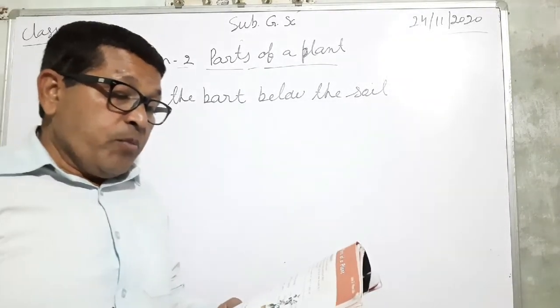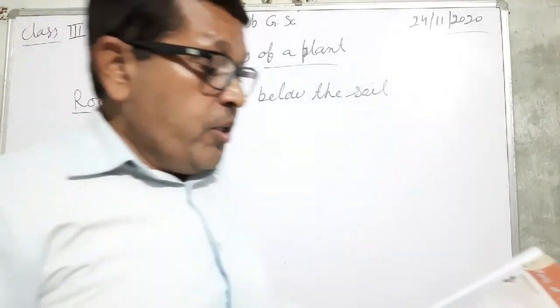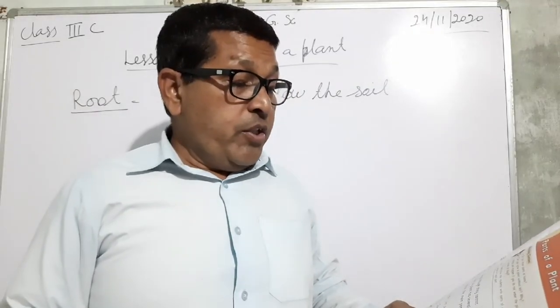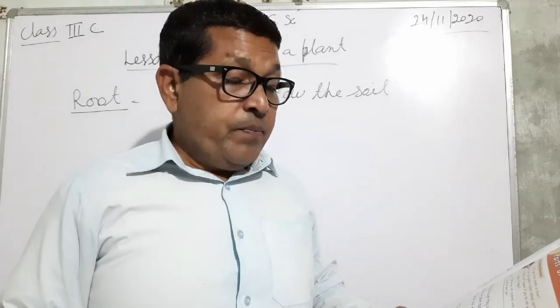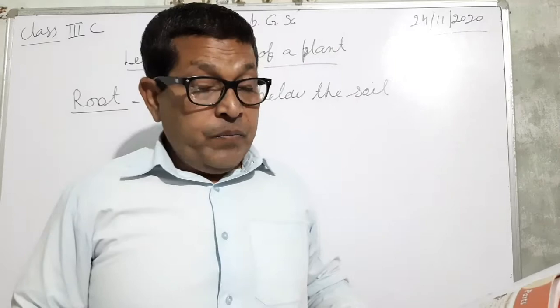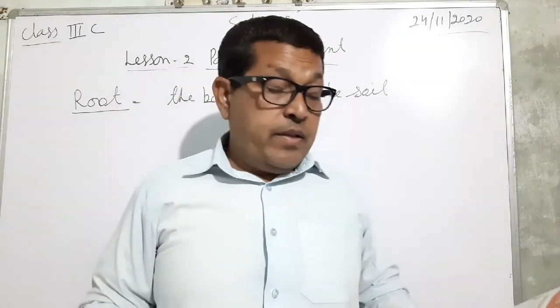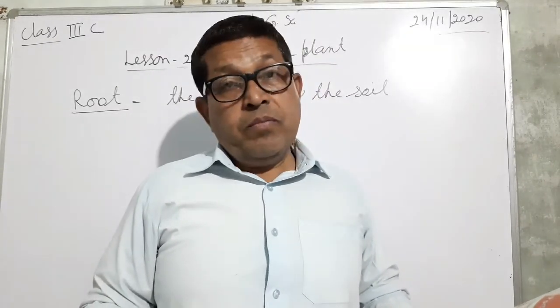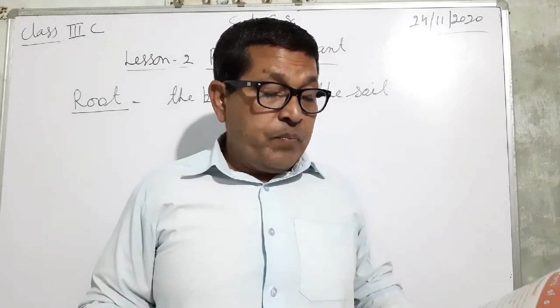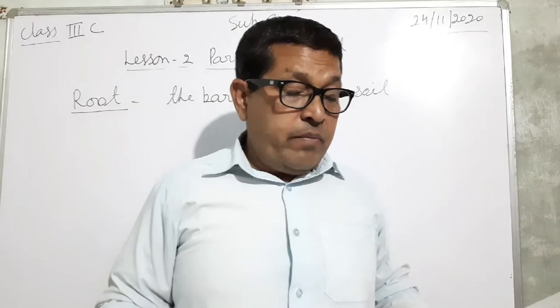Roots support the plant to stand upright. They do not allow the plant to be carried away by wind or water and provide nutrition to the plant. Roots are usually of two types, taproot and fibrous root.